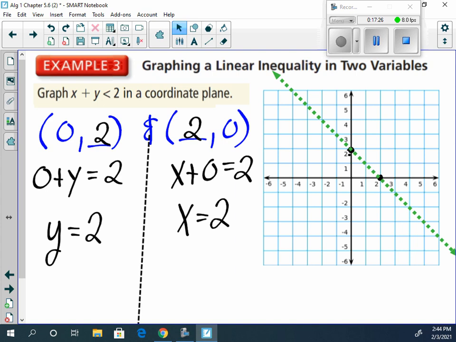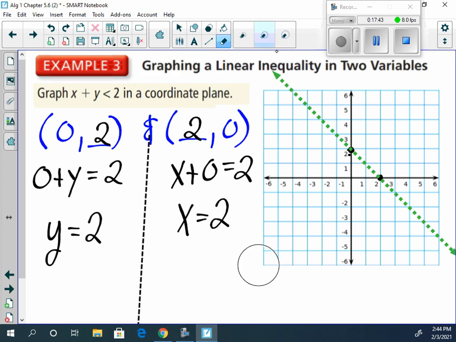I have the smartboard, so I can draw a dashed line like that. So you can either dash it by picking the pencil up, or draw a solid line and erase points on it to make it dashed.